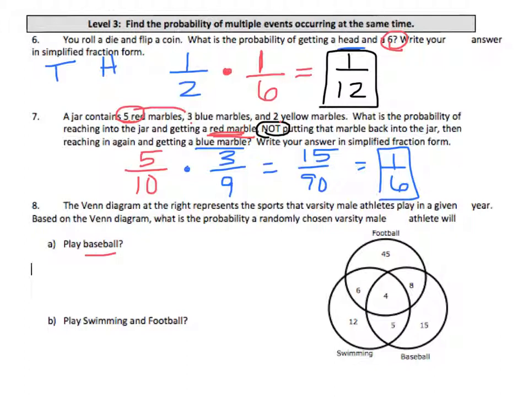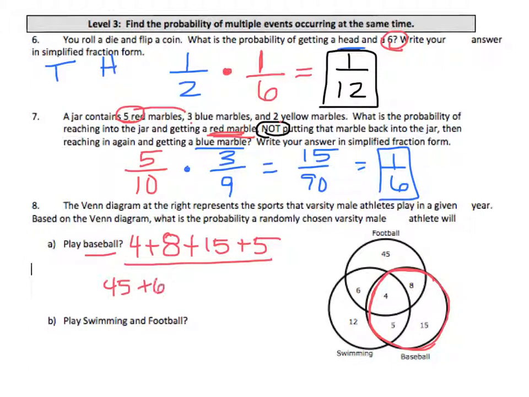Okay, so the probability that we will play baseball. It doesn't say only baseball, or baseball and swimming, so I have to assume that I'm going to use this whole circle because it just says baseball and not only baseball. So I'm going to add up 4 plus 8 plus 15 plus 5, and divide that by the total, 45 plus 6 plus 4 plus 8 plus 12 plus 5 plus 15.